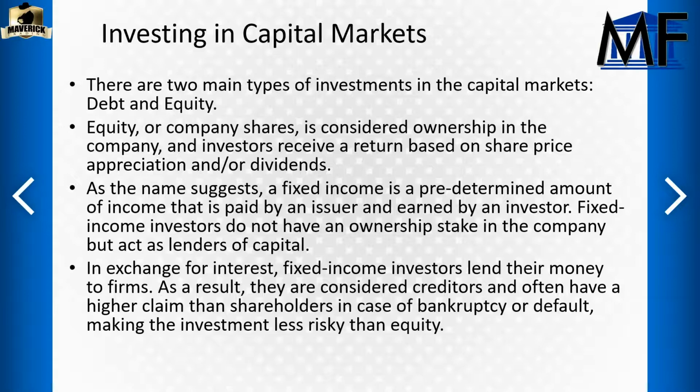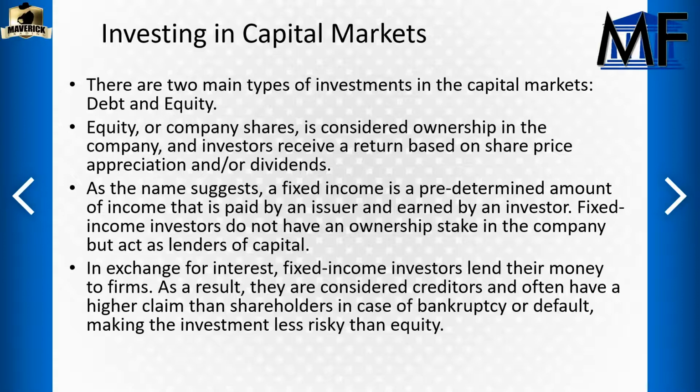Debt works a little different when we talk about fixed income, and that's kind of the focus here when we're talking about interest rates. As the name suggests, fixed income is predetermined by the amount that an issuer is going to pay the investor. So when you invest in fixed income, you're not acquiring ownership in the company. Instead, you're basically giving and lending out money.